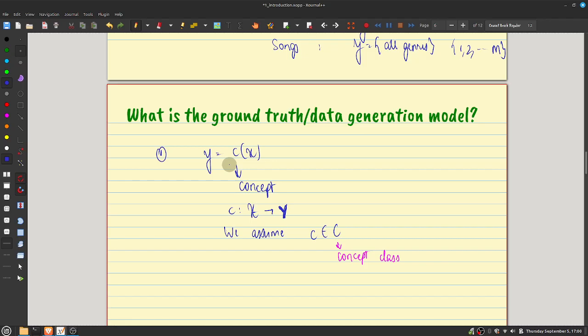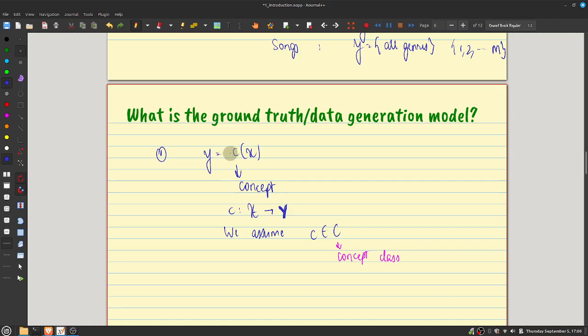The question is, how do you mathematically represent the ground truth? For each x there is a label. It's a variable, so to speak. I'm trying to represent the ground truth using a function, which for each instance outputs a label.